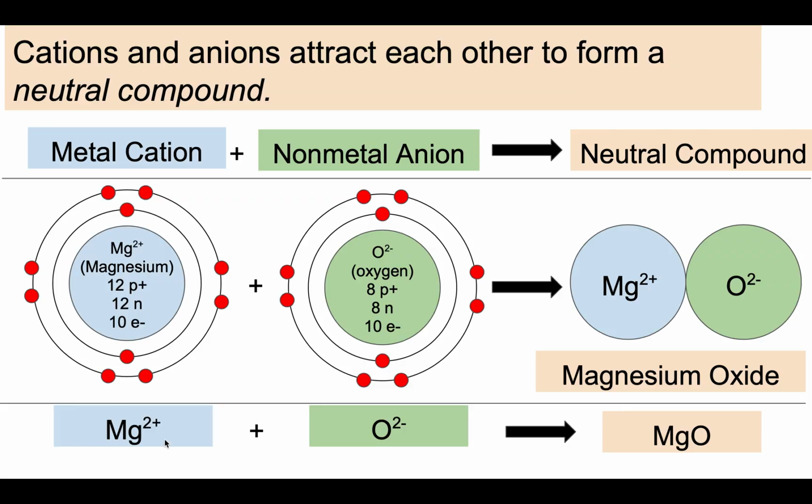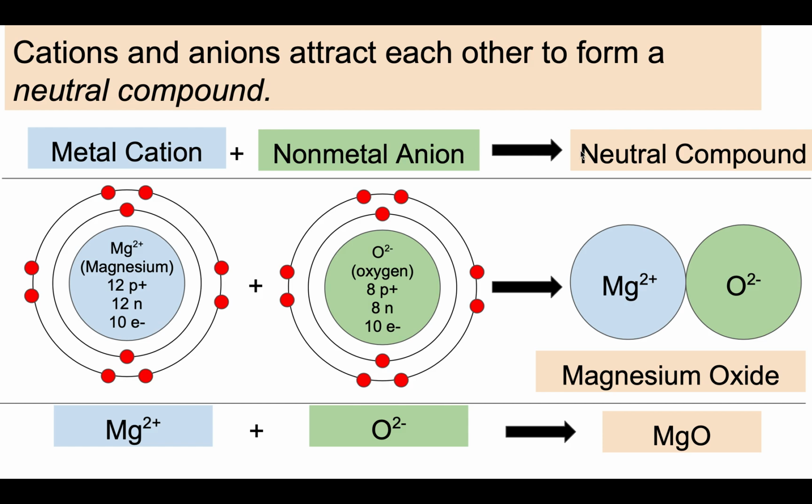Okay, so now we've got our metal cation, our magnesium that we said ended up with a charge of +2 on it. We've got a nonmetal anion, an oxygen atom that has a -2 charge on it. These oppositely charged ions, my cation and my anion, are going to bond together in order to form a neutral compound.